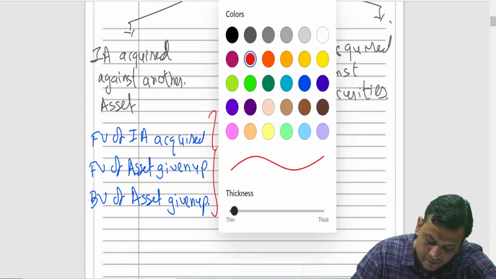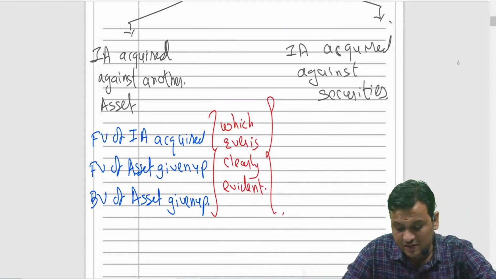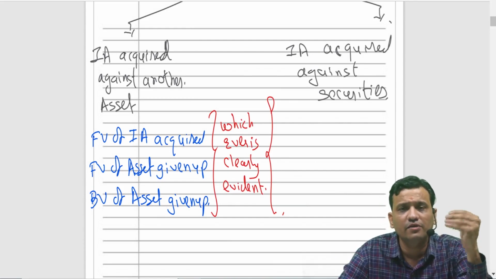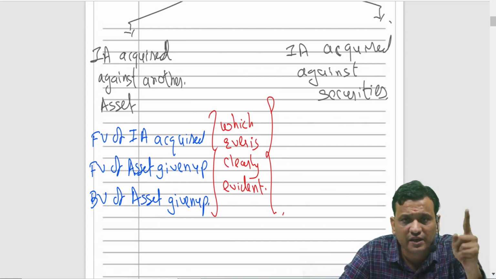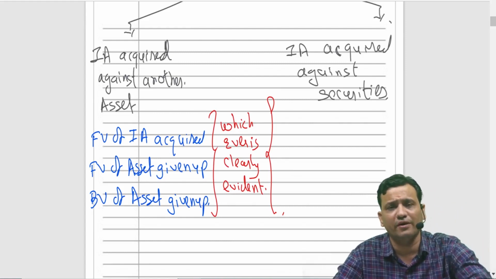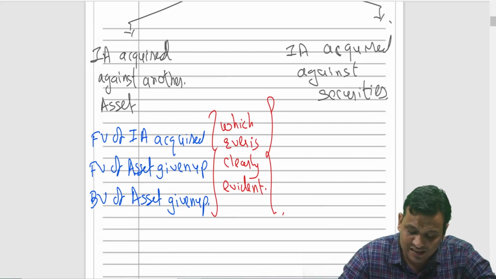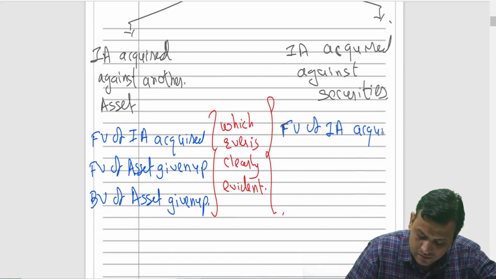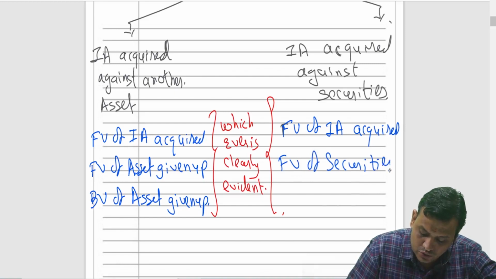Even here, my dear students, I'm acquiring an intangible asset and what I'm giving is my equity shares, my preference shares, my debentures. I'm issuing my equity shares and preference shares. So for an intangible asset acquired against security, it is the fair value of the intangible asset acquired, or the fair value of securities issued.